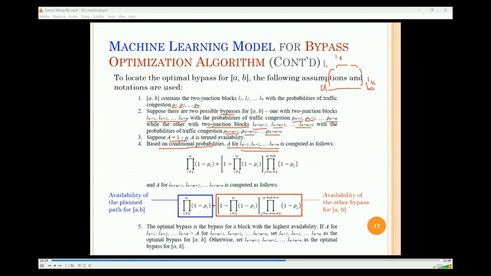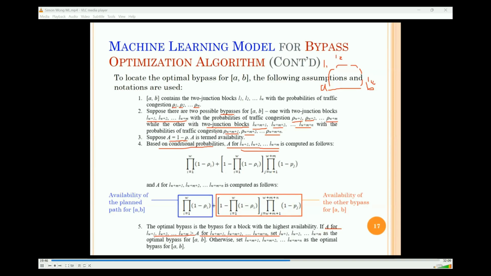So the optimum bypass is the bypass for a block with the highest availability. If the availability for one bypass is greater than the other one, we use that bypass with the greater availability.